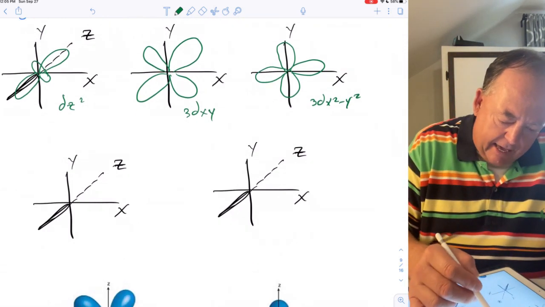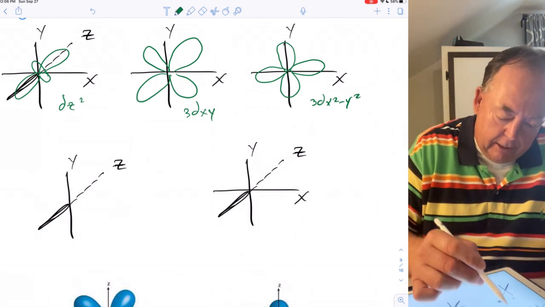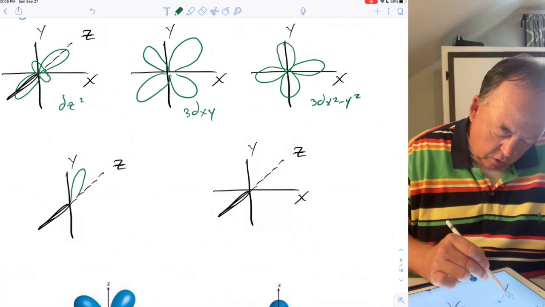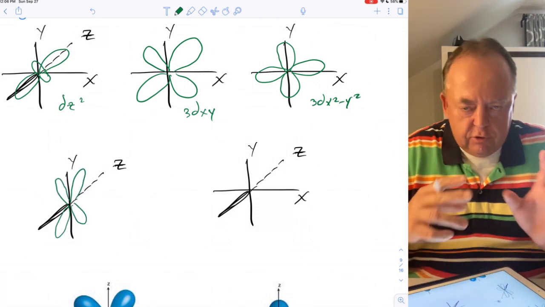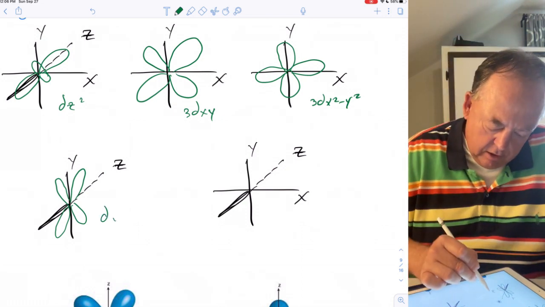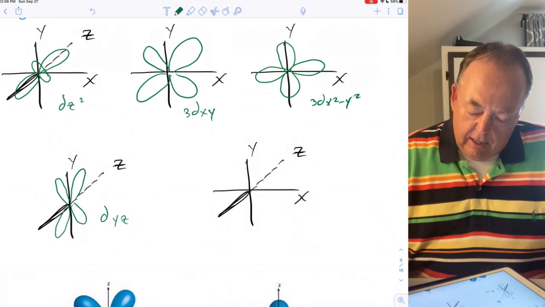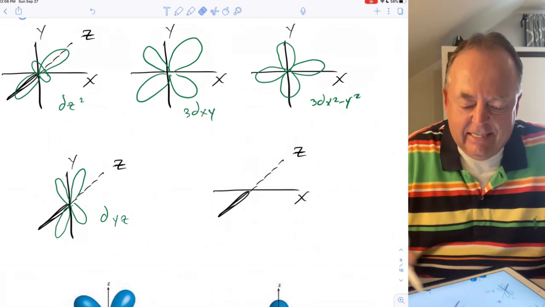Okay, so one is in the xz plane. So let me get rid of the x. One is in the yz plane. Again, it's a clover leaf, but it's rotated 45 degrees off of the xz axis, and that's what's called dyz. And then the other one, so let's get rid of y because it's in the xz plane.